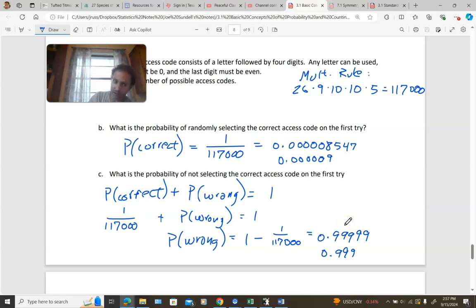But we don't round it to 1 because we know that, so this is the probability of being incorrect on the first guess, which makes sense. If there's over 100,000 different access codes possible, you're almost guaranteed to be wrong if you're just guessing, right? But notice, it is still possible that you could be right, and that's why this is not 1.